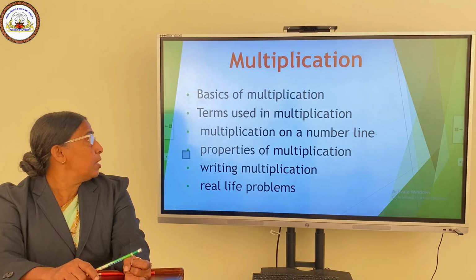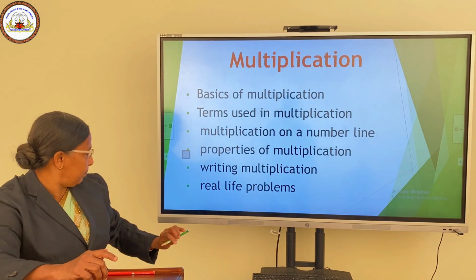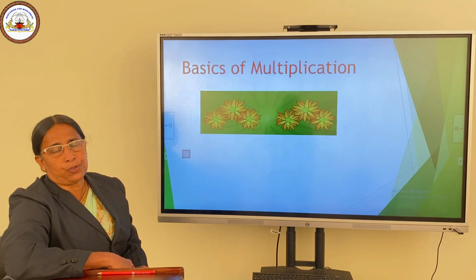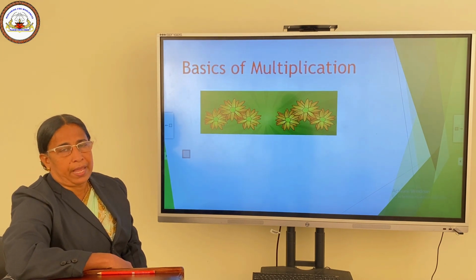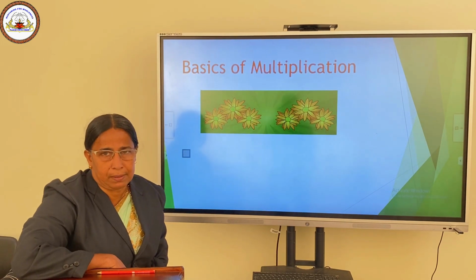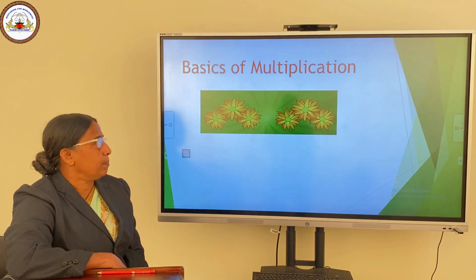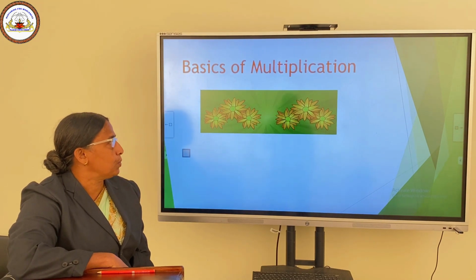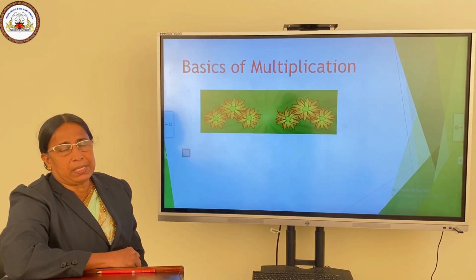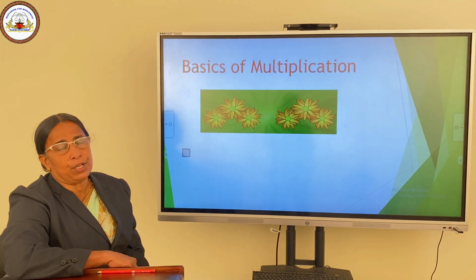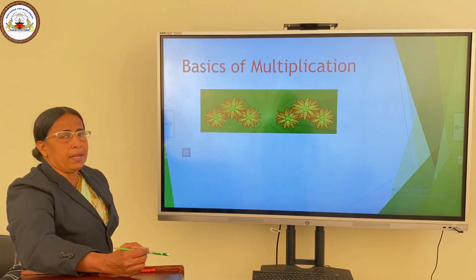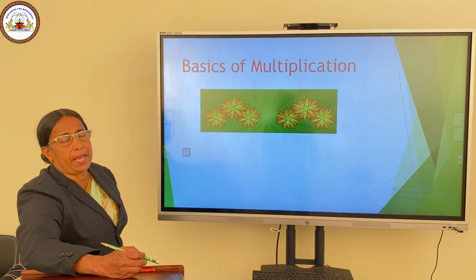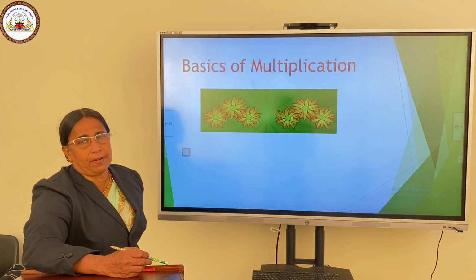First, basis of multiplication. Dear children, what do you see? Can you see some pictures? These pictures are arranged in two groups. In A group, how many flowers you can see? Yes, 3 flowers.